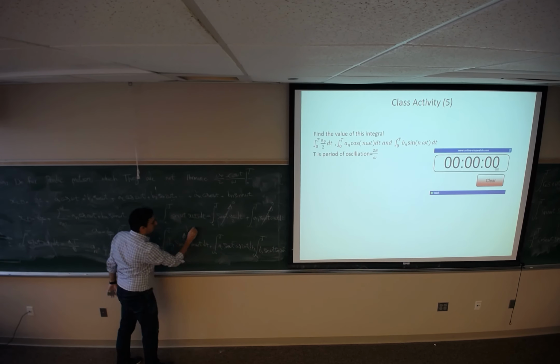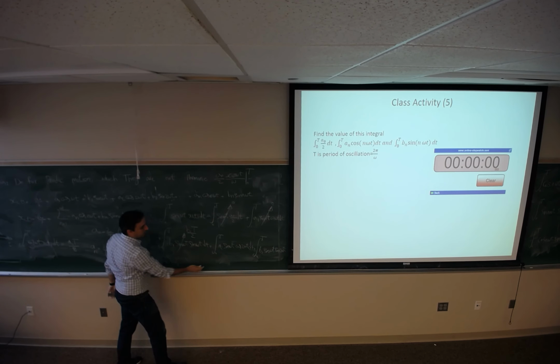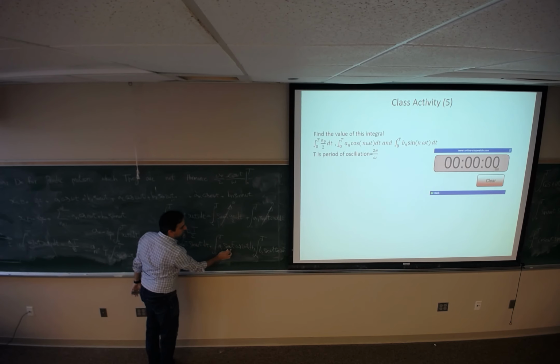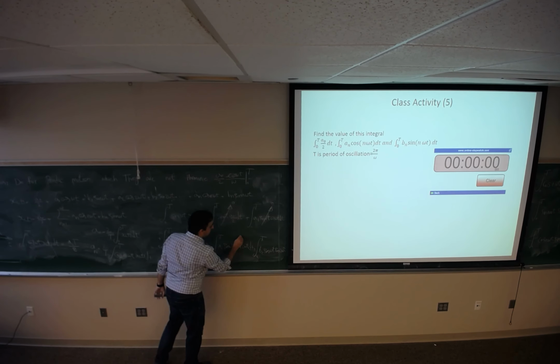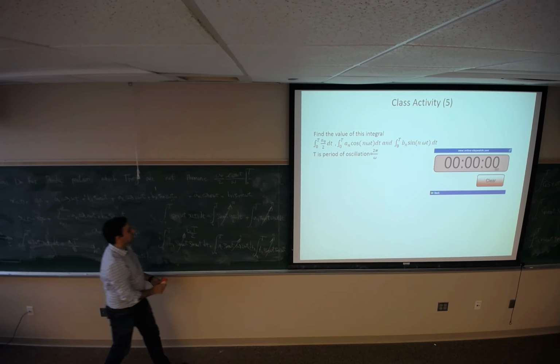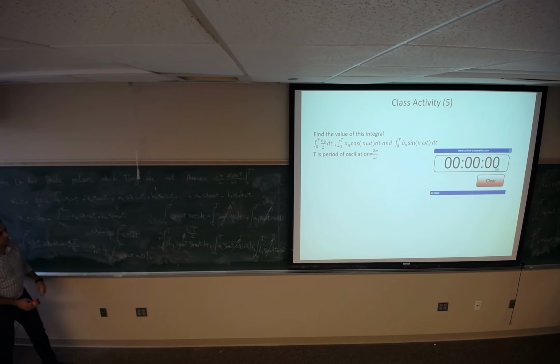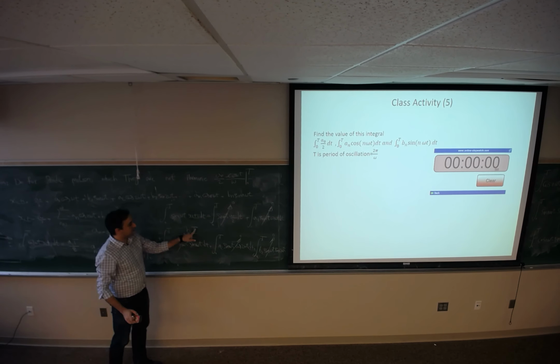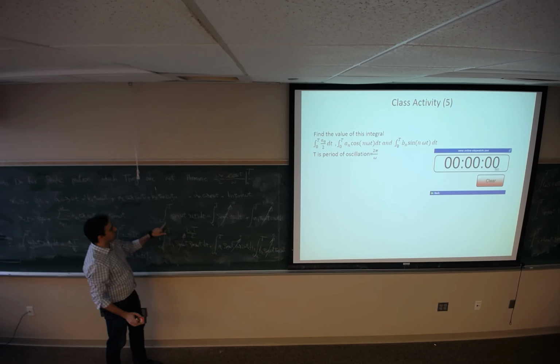B1 T over 2. This term has sine of 1 omega, cosine of 2 omega. It's always 0. This is sine of omega, sine of 2 omega. It's 0. So the rest of the terms are 0. So I will get B1 T over 2 equal to this integration.